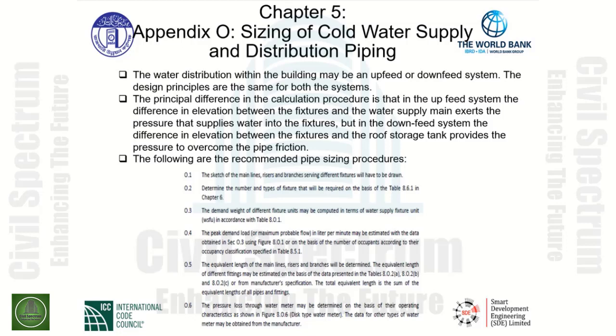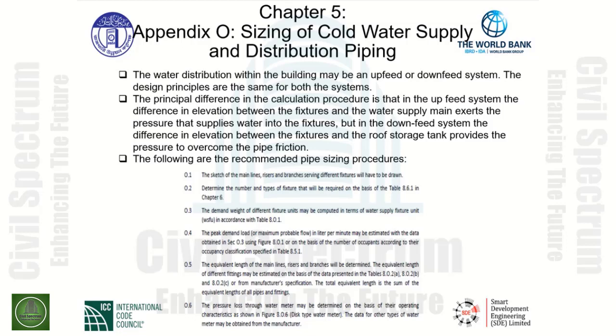We could use in 0.4 the peak demand load, or maximum probable flow in liters per minute, may be estimated with the data obtained in section 0.3 using Figure 8.0.1, or on the basis of the number of occupants according to their occupancy classification specified in Table 8.5.1. In item 0.5, the equivalent length of the main lines, risers, and branches will be determined.